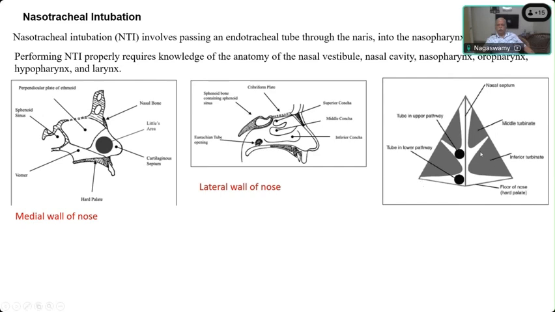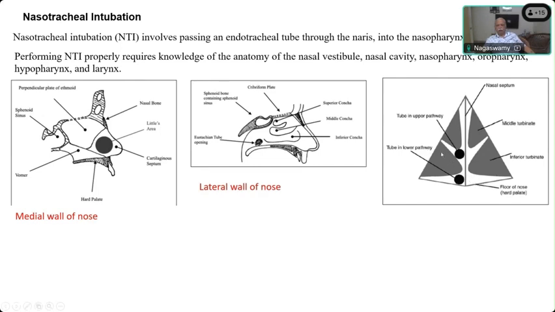When you pass the tube through the nostrils into the nasopharynx and oropharynx, the tube can be passed below the inferior turbinate and the nostril sill. In some patients where this inferior turbinate is very small, the tube will be going between the inferior turbinate and the floor of the nostril or the hard palate.